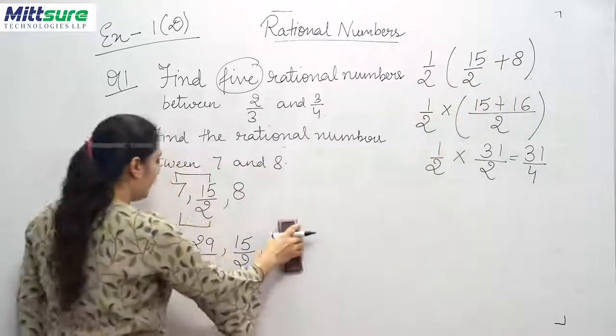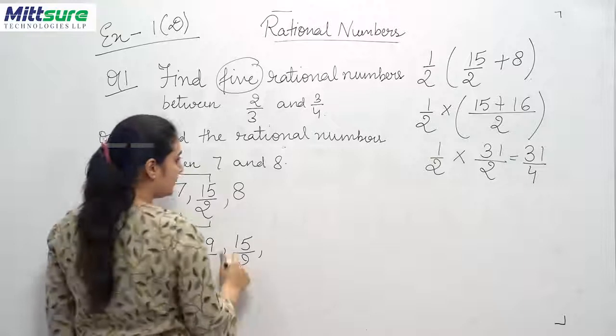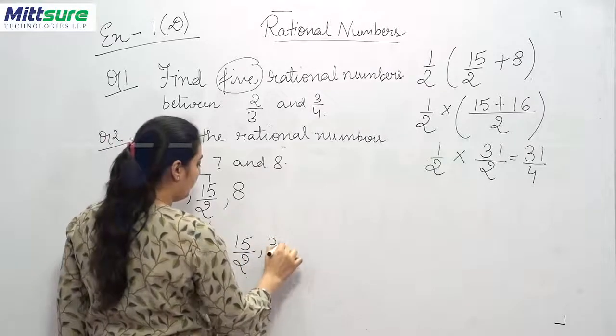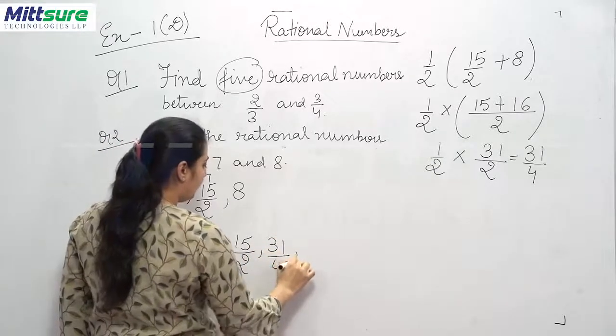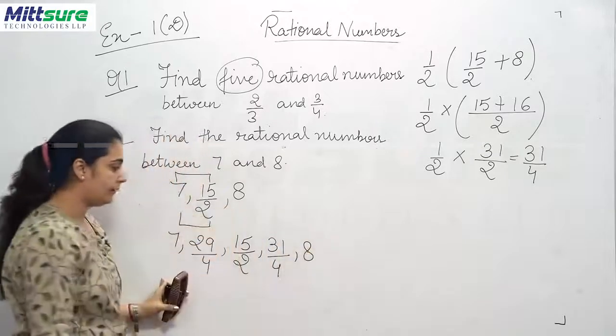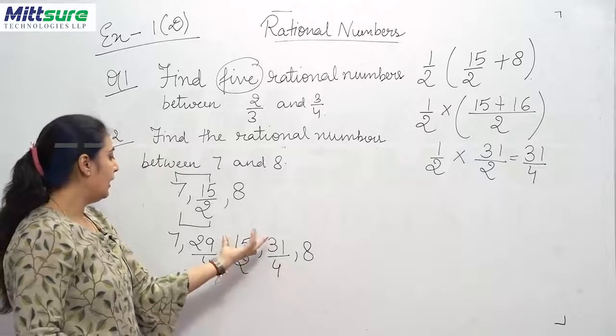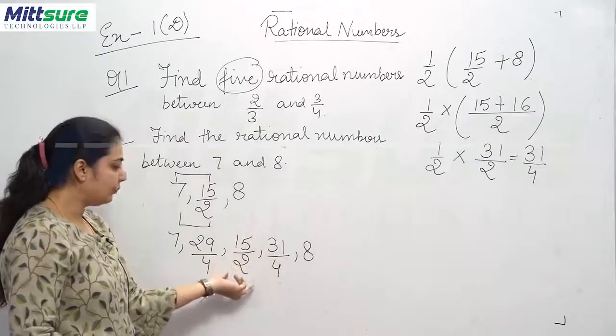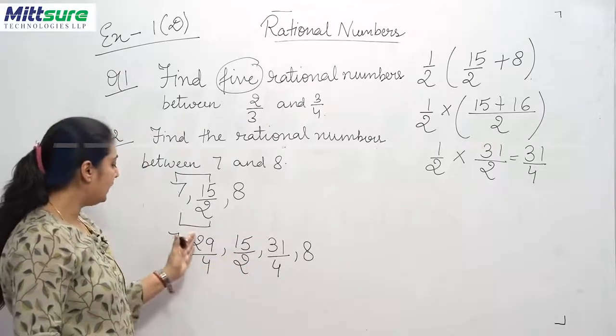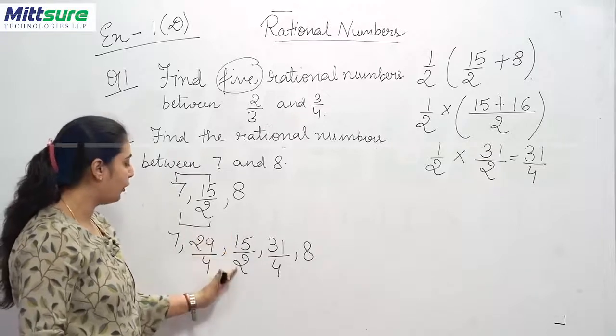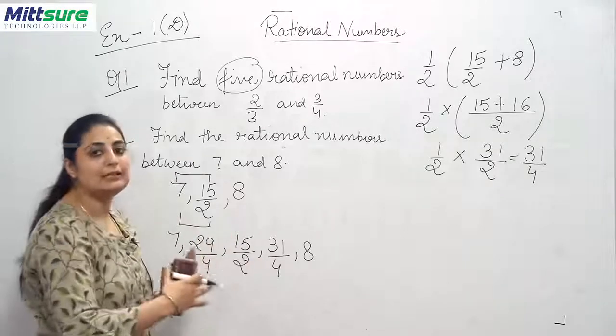Clear? So again my range has increased and I have got one more rational number between 7 and 8. Now what can I do? I can take 31 upon 4 or 15 upon 2, or I can take 29 upon 4 and 15 upon 2 to further increase the range.